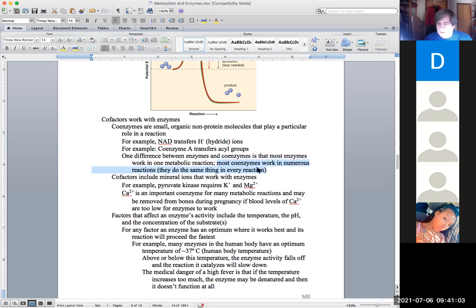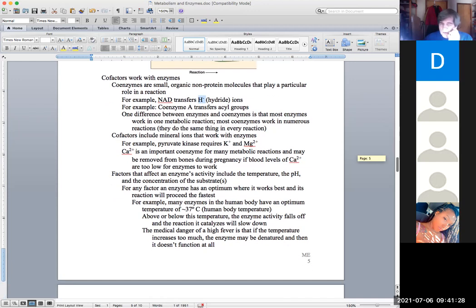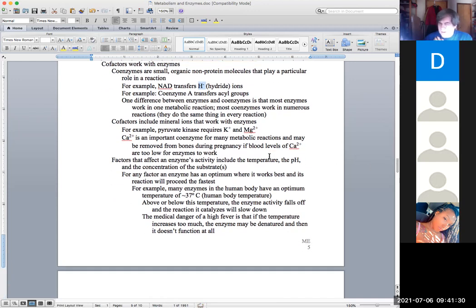So, for instance, coenzyme A picks up an acyl group from one molecule that's losing it and transfers it to a different molecule someplace else in the cell. So when we look at NAD, NAD is always going to pick up hydrogen and electrons. So they always do the same thing over and over and over again.